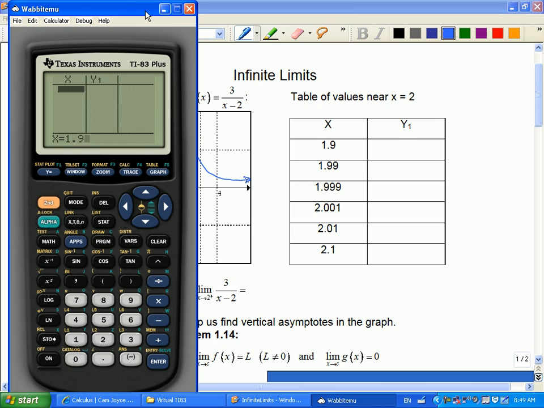So 1.9, 1.99, 1.999. So as I approach 2 from the left side, which is what I'm doing right now, they're becoming very large negatives. And then if I flip over to the right-hand side, as I approach from the right-hand side, they're becoming very large positives.